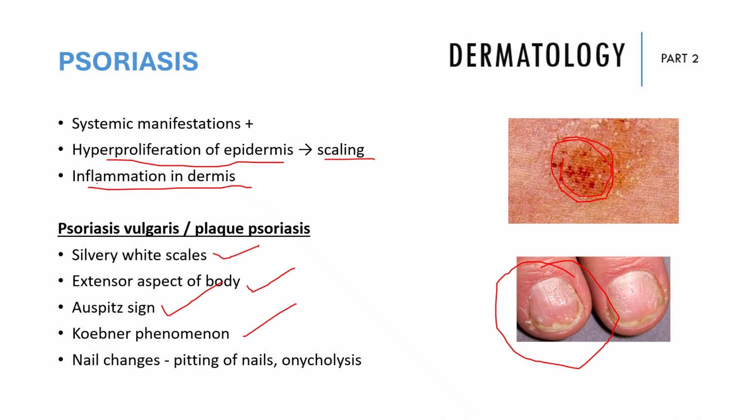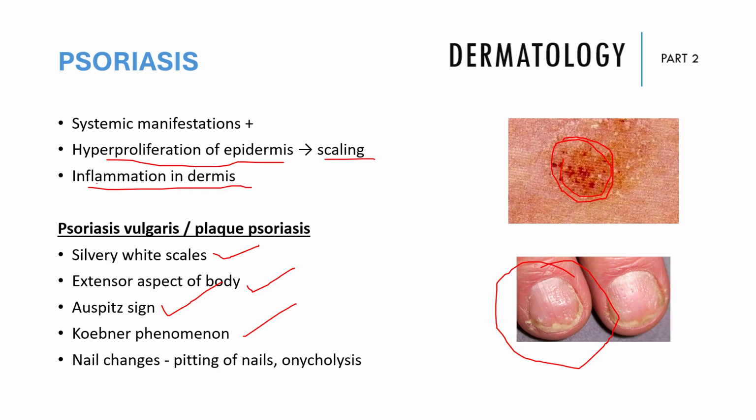We have talked about Koebner phenomenon as well. That means whenever there is a trauma, newer lesions will appear on the site of trauma in case of psoriasis and other disorders which we have discussed. So if you scratch an area or if there is a trauma, newer lesions will appear on the site of trauma.